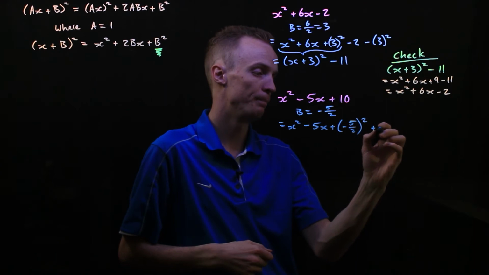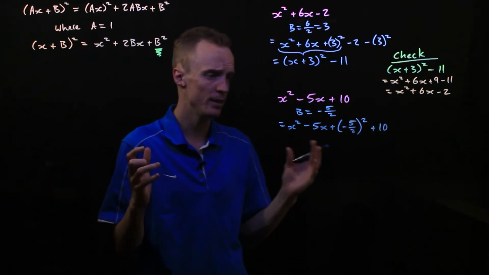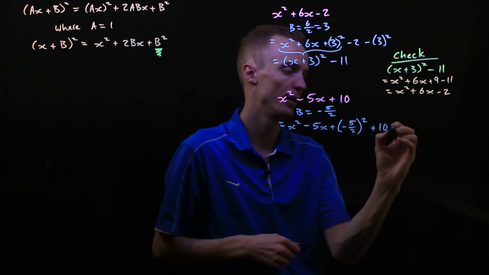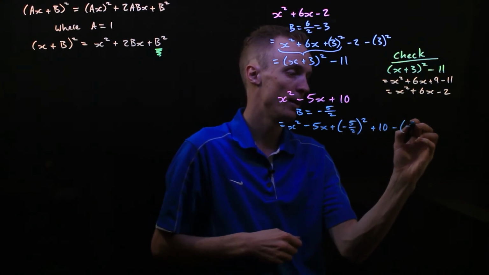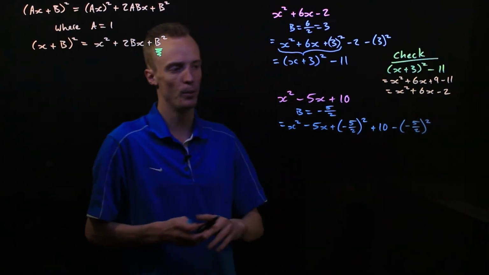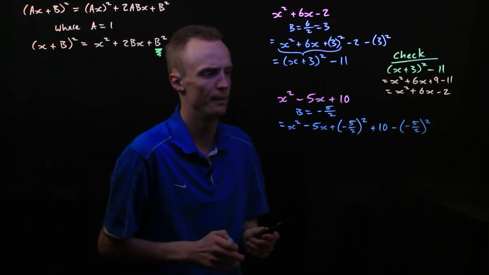Then I need to add my 10. And then to keep this equivalent, I need to subtract my -5 on 2 squared. And this is where you see why including brackets here is really important.